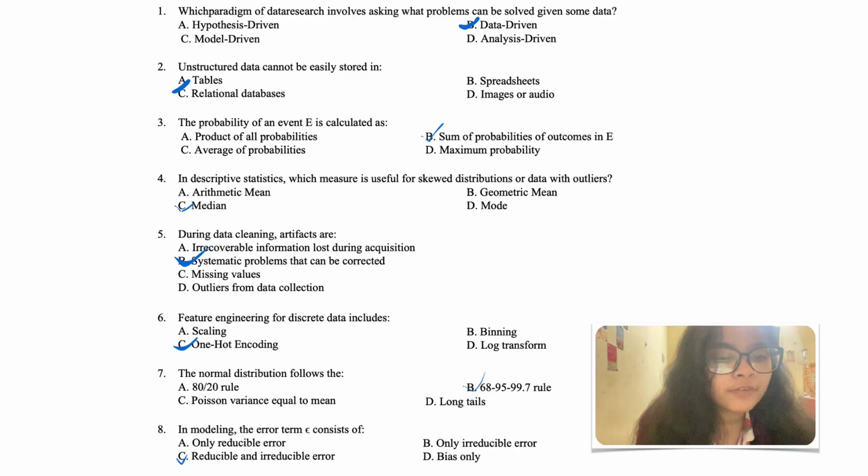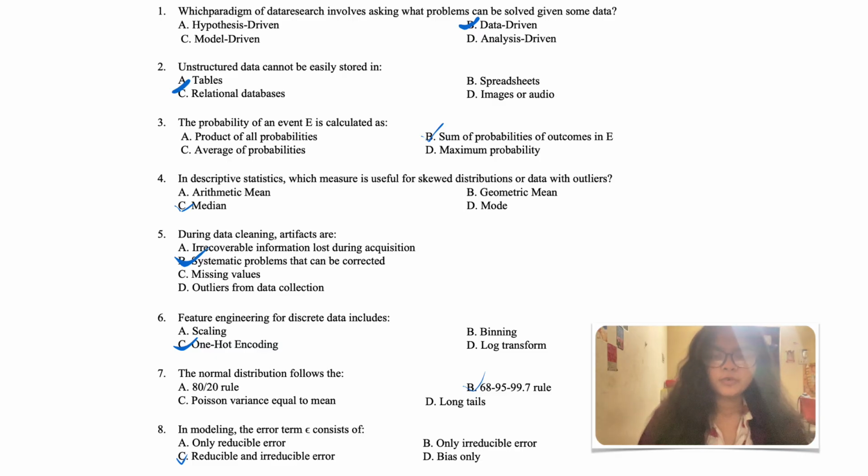During data cleaning, artifacts are systematic problems that can be corrected if detected. Feature engineering for discrete data includes one hot encoding. Feature engineering is about evaluating the features we have and creating the type of feature that leads to even better outcomes, making it simpler for the algorithm to work on the data.